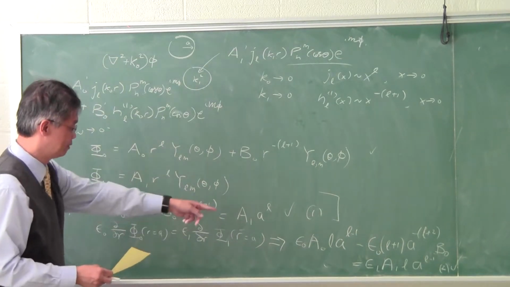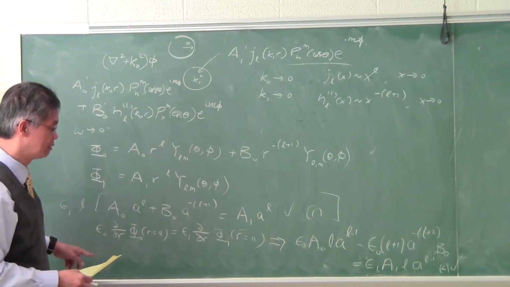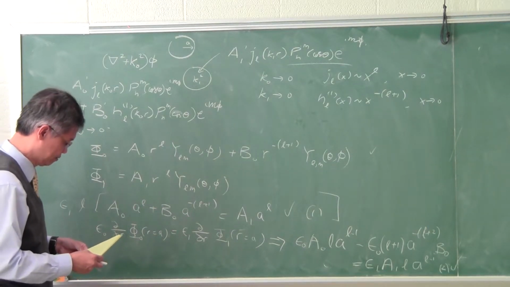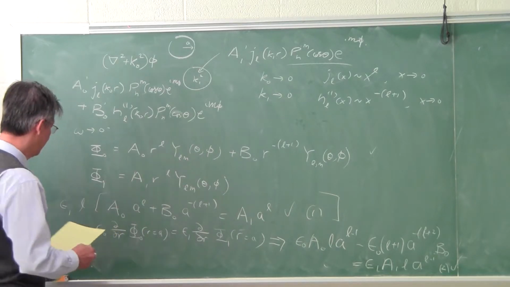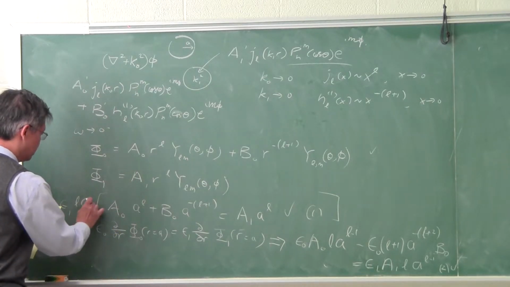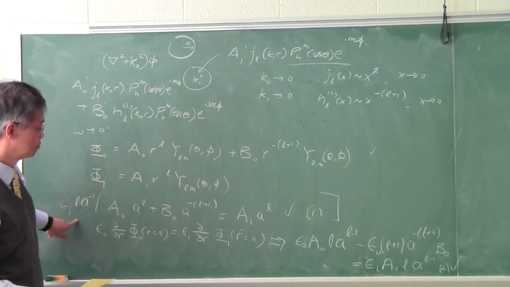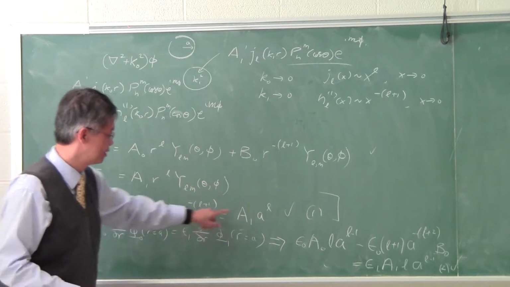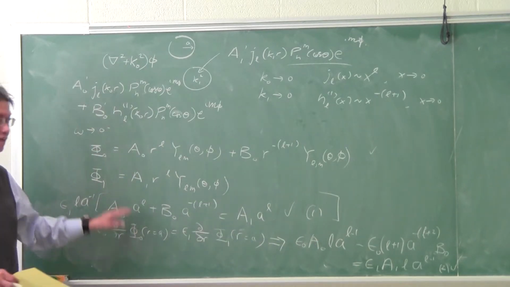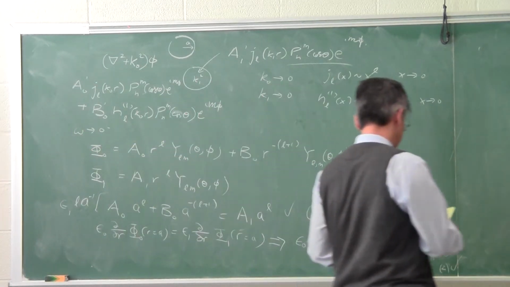Okay, then the right hand side will be equal to each other. Multiply by A inverse as well. If I multiply epsilon 1 l times A inverse, then the right hand side will be equal to each other. Then I can equate the left hand side.